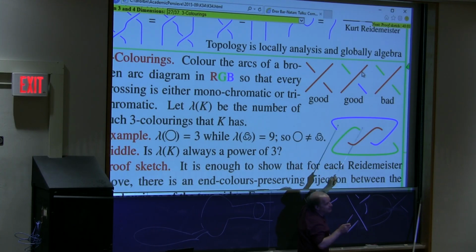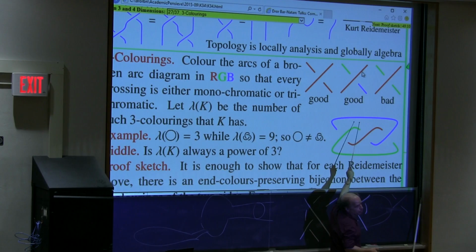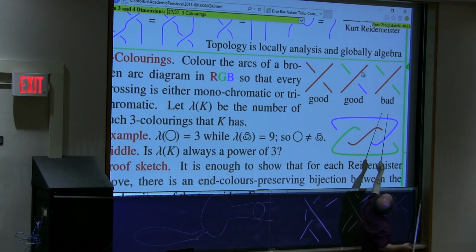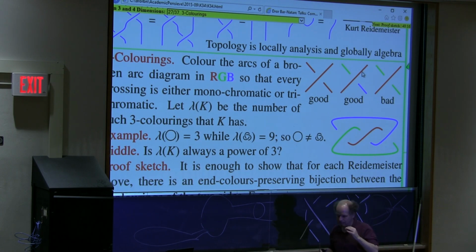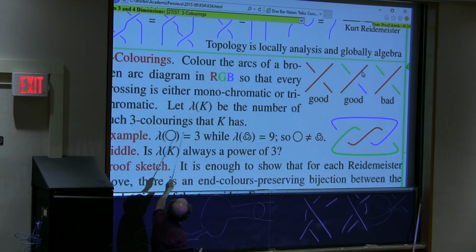And the rule is that these three arcs either have to be all of the same color, or all three colors have to participate, but what is not allowed is to have just two colors in one crossing. So lambda of a broken curve diagram, lambda of k, will be the number of 3 colorings that this broken curve diagram has.